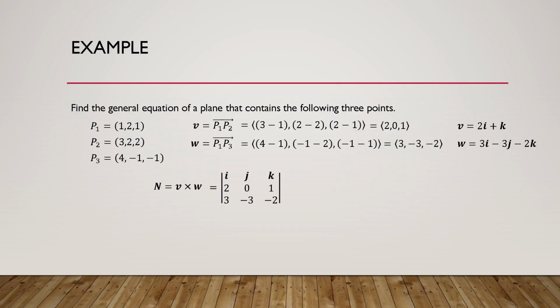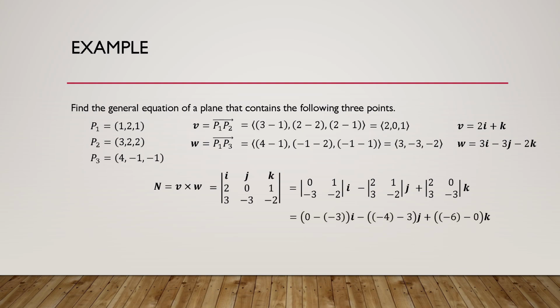This equals the 2 by 2 determinant (0, 1, -3, -2) times i, minus the 2 by 2 determinant (2, 1, 3, -2) times j, plus the 2 by 2 determinant (2, 0, 3, -3) times k. This gives us (0 - (-3)) times i, minus (-4 - 3) times j, plus (-6 - 0) times k, or a normal vector 3i + 7j - 6k.